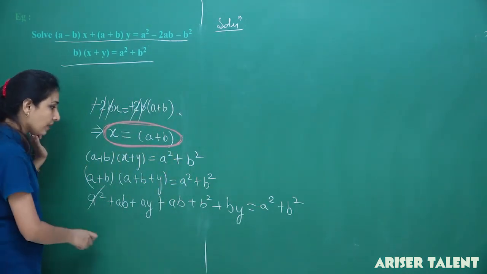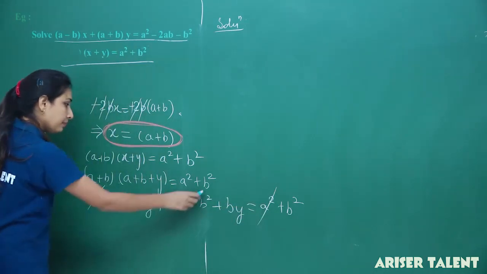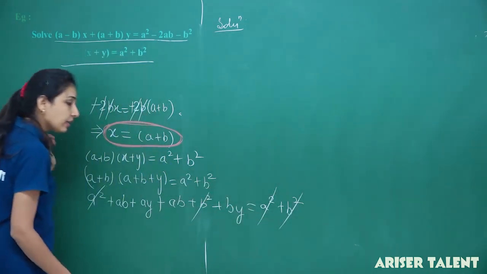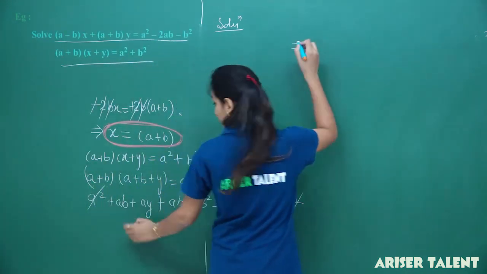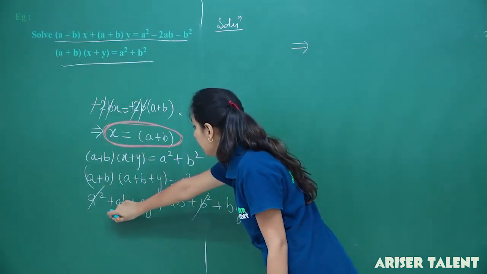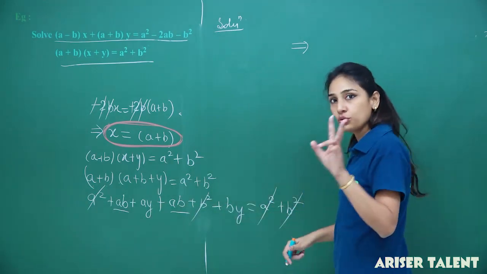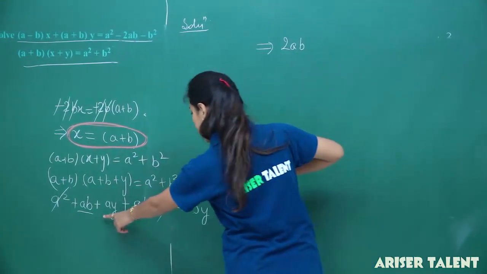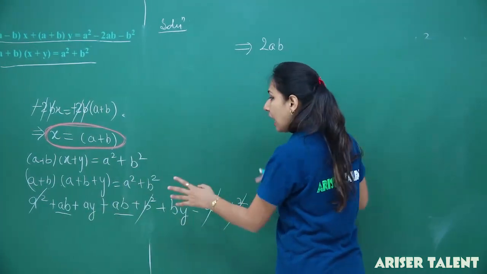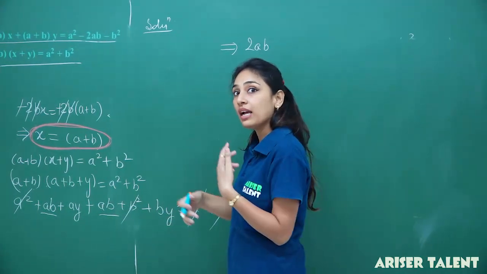Okay, now a square is here, a square is here, b square is here, b square is here. So these values will be cut. Okay, so what is remaining? This ab and this ab will give you 2ab. Okay, so 2ab, then ay and by. Now I have to find the value of y.